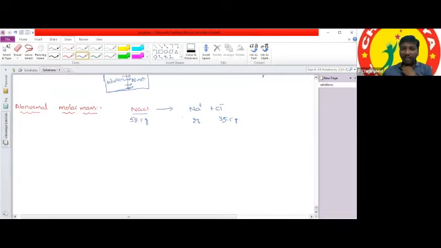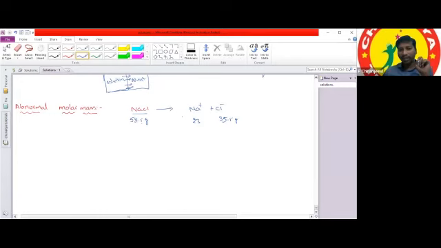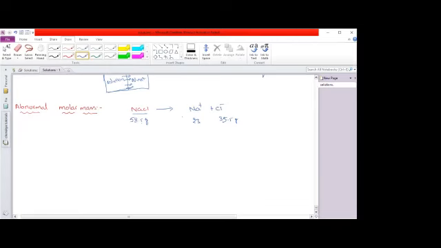Aditi, mass decreases or increases? Once again, I'm asking the question here. After the dissociation, does the mass decrease or not in NaCl solution?